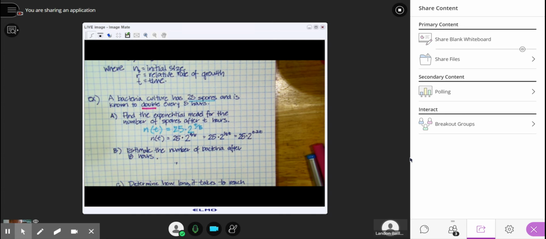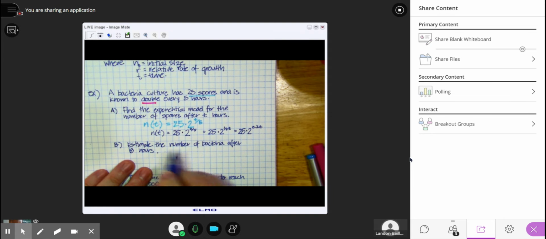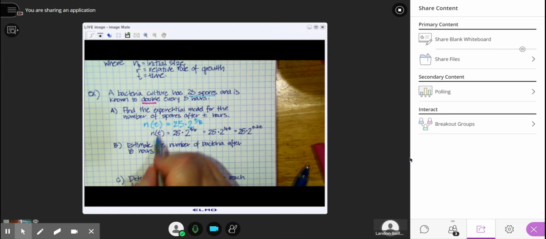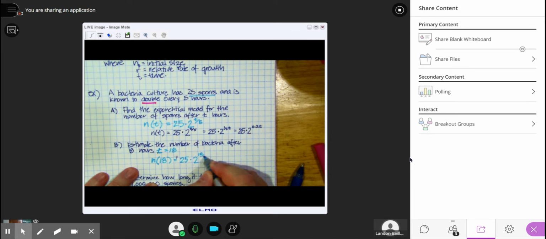All right. Part B asks us to estimate the number of bacteria after 18 hours. This says we're going to let T equal 18. So now instead of N of T, this is going to be N of 18, or 25 times 2 to the 18 over 5.